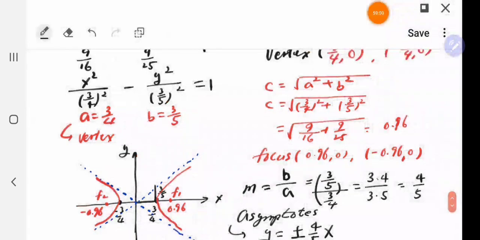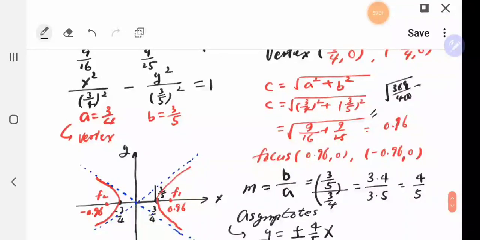For the foci, you can use the calculator. We got 0.96, but if we simplify this, the expression is the square root of, the denominator will be 400, the numerator 369 over 400.